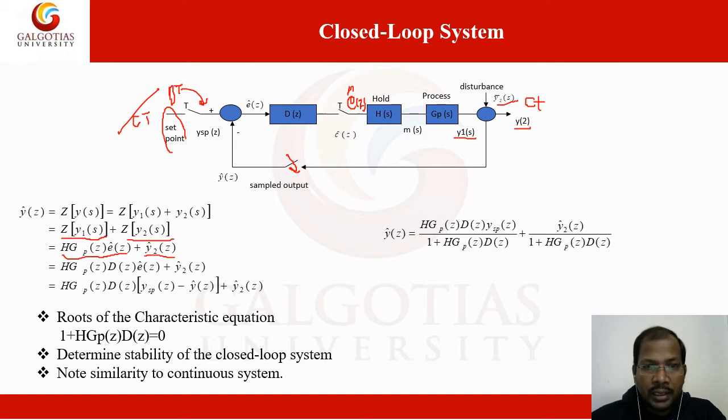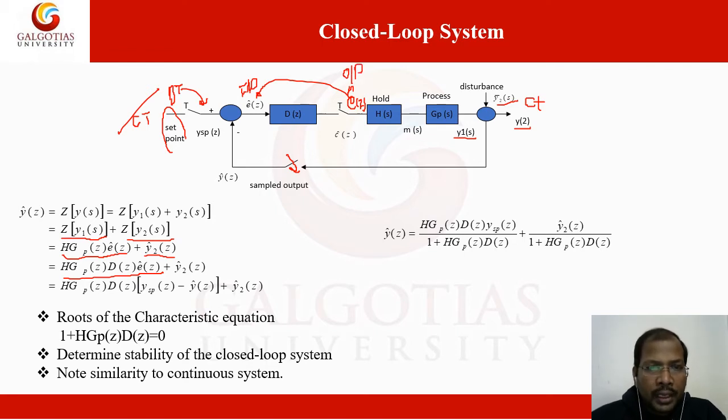Here we can also write E cap(Z) equal to E(Z). So we put HP(Z) into D(Z) into E(Z) plus Y2(Z). This is the input and this is the output for this block.